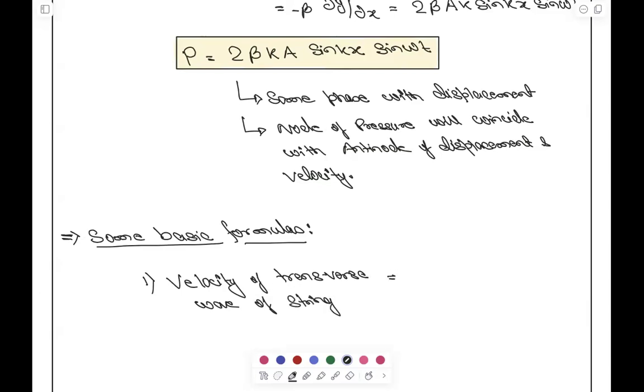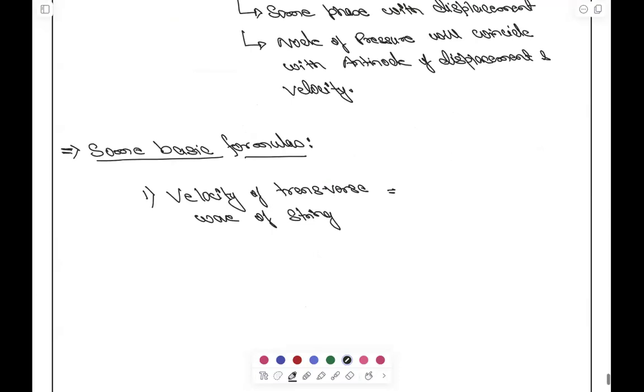तुम लोग बताओगे मुझे? बताओ भाई. Velocity of longitudinal wave in fluid.